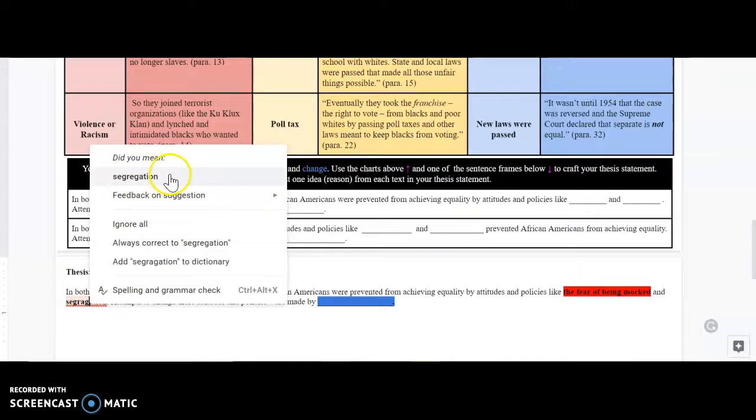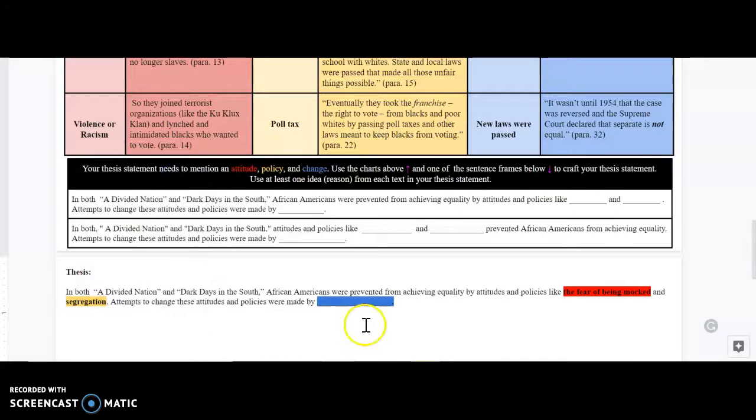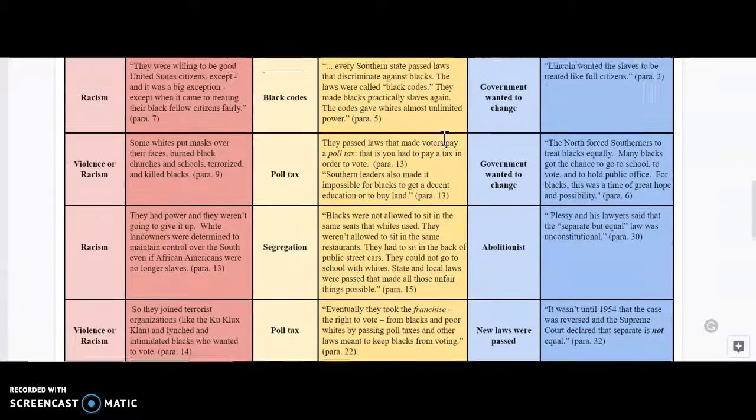I spelled it wrong. That's okay. Here we go. And then I need to find a change. Attempts to change these attitudes and policies were made by. I need to go scroll up and find a change.